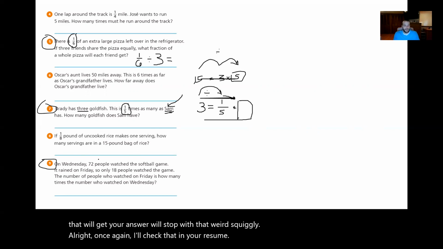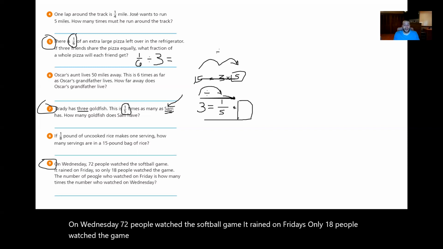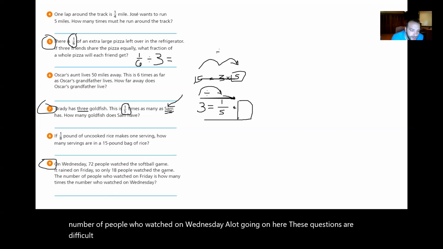On Wednesday, 72 people watched the softball game. It rained on Friday, so only 18 people watched the game. The number of people who watched on Friday is how many times the number of people who watched on Wednesday. A lot going on here. These questions are difficult. So on Wednesday, 72 people watched the game.